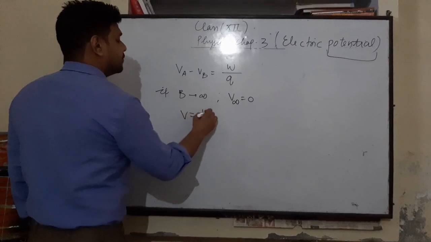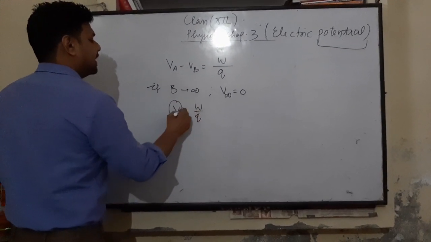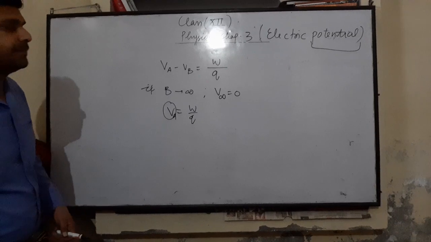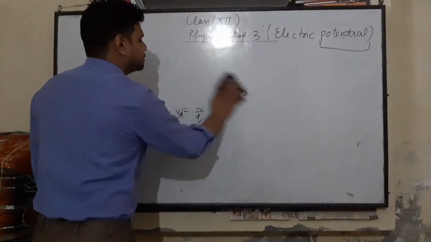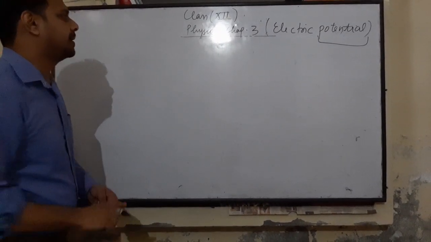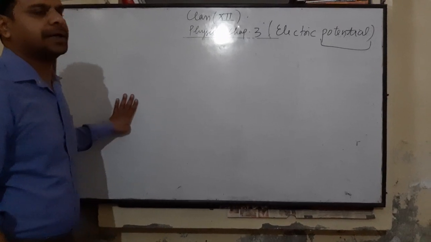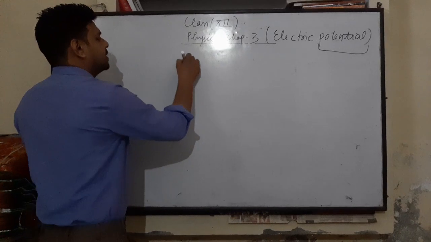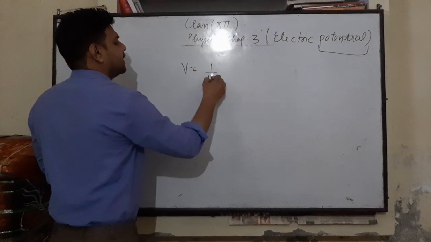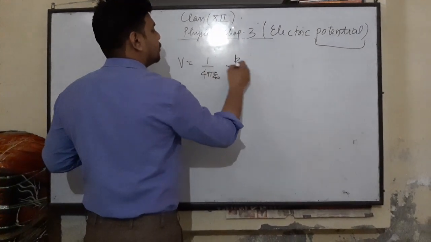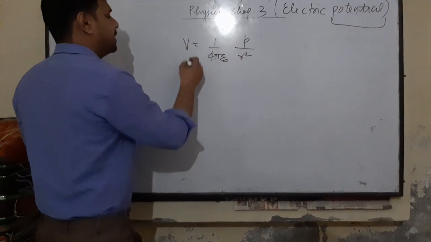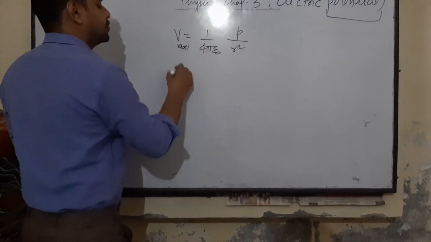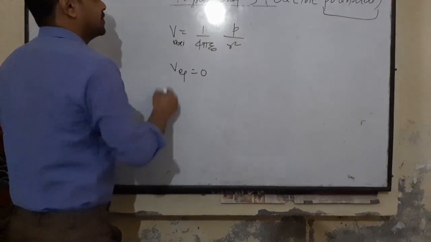So this term we can call potential at point A. And electric potential due to a dipole in its axial position is given by 1 over 4 pi epsilon naught, p over r square, and in equatorial position it is 0.